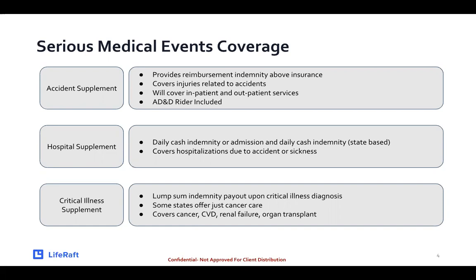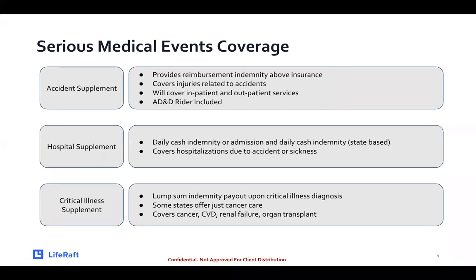And our critical illness product is meant to pay your clients an indemnity or a lump sum cash payout upon that diagnosis. Now, there are some states where you will be able to offer your clients just cancer care, but we have a nationwide product through Liberty that is going to be comprehensive and will cover cancer.